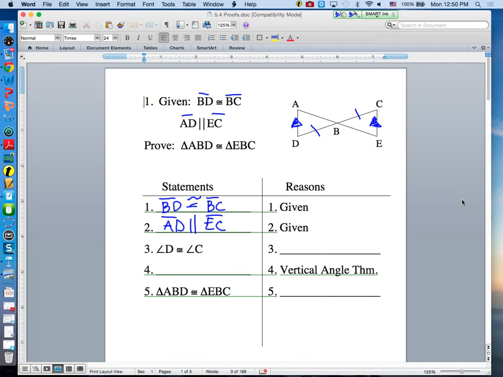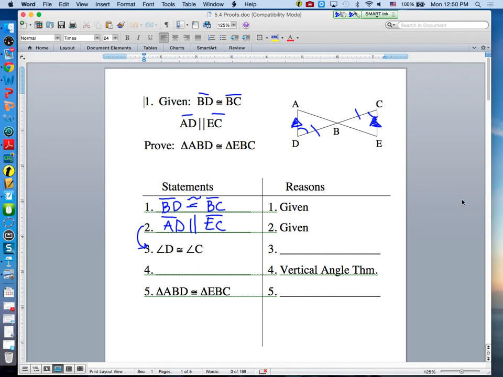Okay, now I'll give you a hint. The next idea comes from the parallels. These two lines are hooked together or connected. It says angle D is congruent to angle C. Why would those two be congruent? Two ideas? Why would those be congruent? Look at the picture. Got parallel lines. What supports angles C and D congruent? Right.